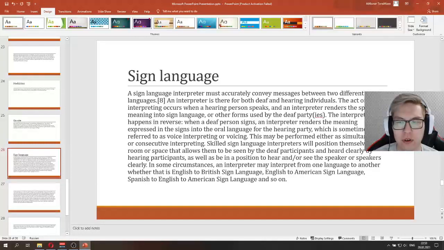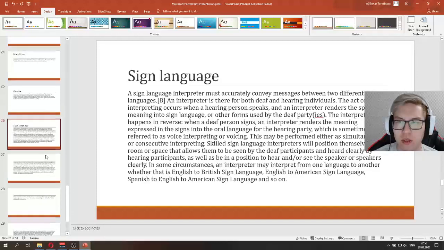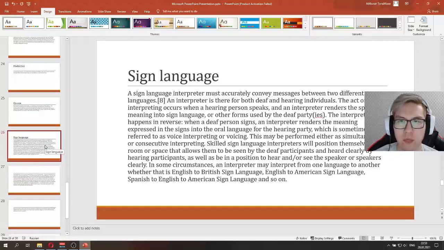Now, the last part of our lesson is about sign language interpretation. So, a sign language interpreter must accurately convey messages between two different languages. An interpreter is there for both deaf and hearing individuals. The act of interpreting occurs when a hearing person speaks, and an interpreter renders the speaker's meaning into sign language, or other forms used by the deaf parties.